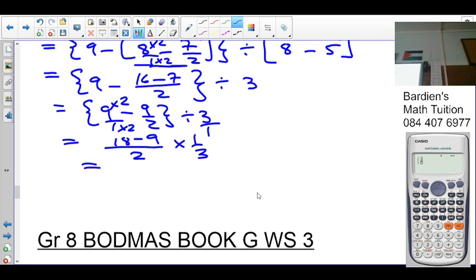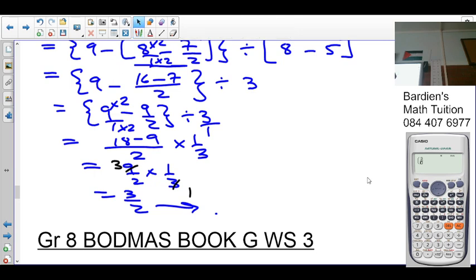So it's going to be 18 minus 9 is 9 over 2 times 1 over 3. 3 going to 3 once, 3 going to 9, 3 times. The answer is, who got that right? That basically brings us to the end of Bodmas. Okay.